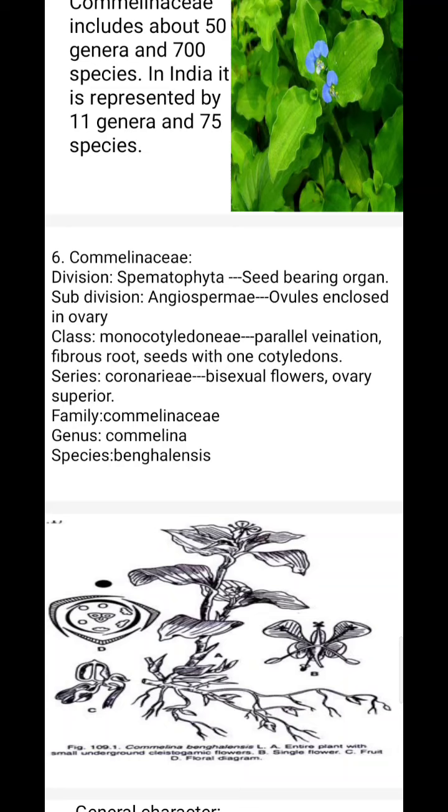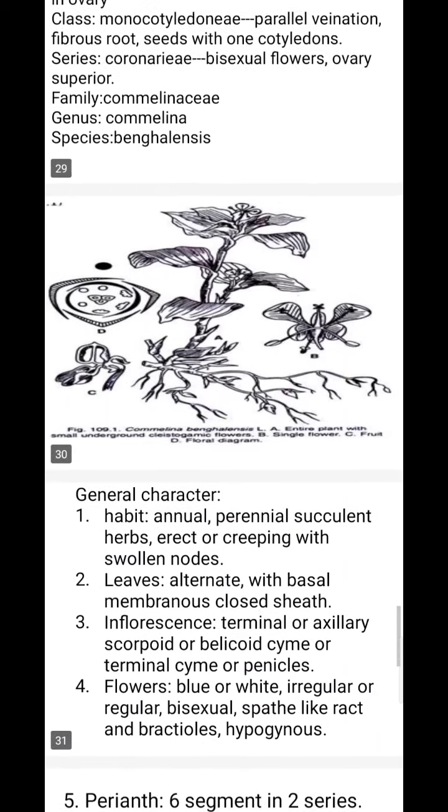Then series is Coronarieae, that is bisexual flowers and superior ovary. Bisexual means the male and female sex organs are present in the same flower, and the ovary is superior, meaning all floral parts are present below the ovary. Then its family is Commelinaceae, genus Commelina, and species bengalensis.